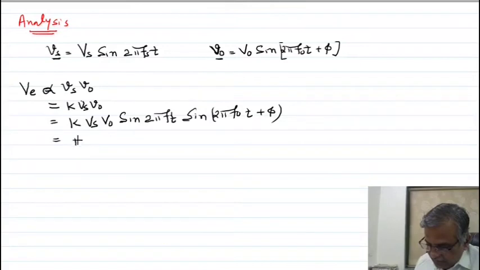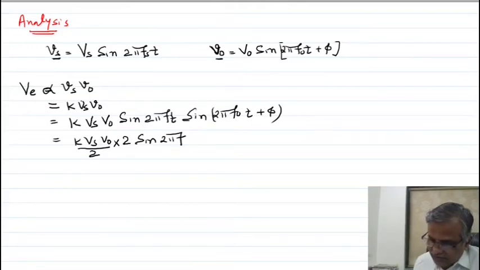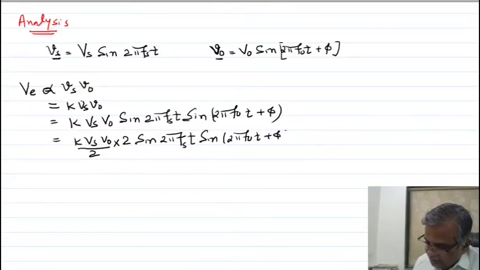So if I multiply by 2 and divide by 2, I can write this equation in this way: sine 2 pi Fs t sine 2 pi F0 t plus phi.